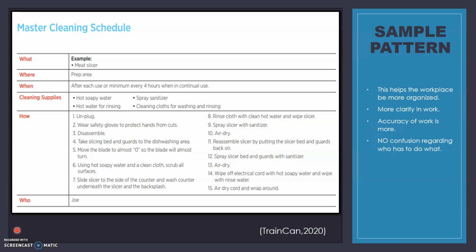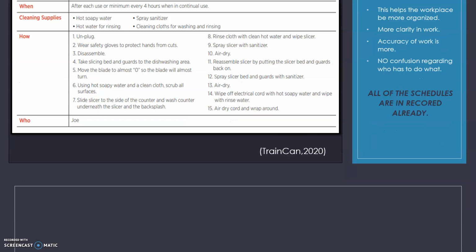So there's a lot less chaos and better understanding between the staff members. And that is what we want, because that makes it an easier and smoother kitchen. All of the schedules are on record already. However, I will be passing all this to y'all. You will be given this.